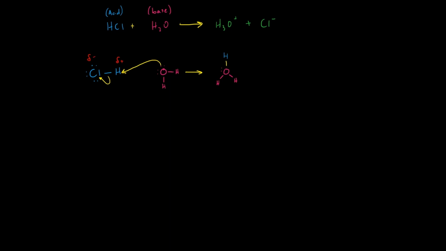And then we also are going to have the chlorine, Cl, with its three original lone pairs of electrons, but it also has that extra lone pair gained from the bond breaking, making it a negative ion, or the chloride ion.